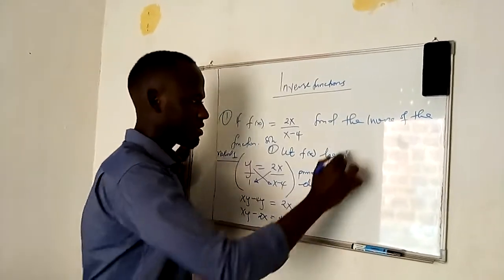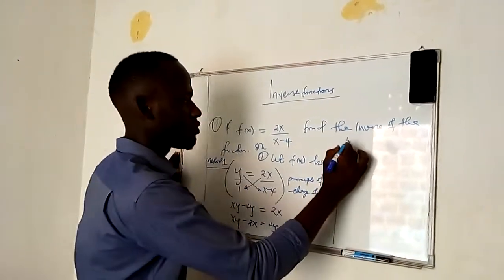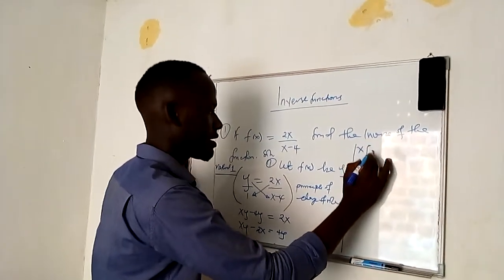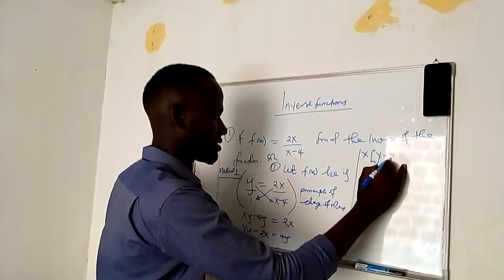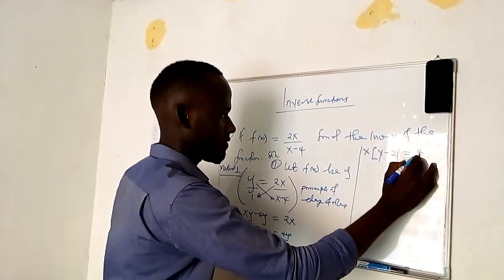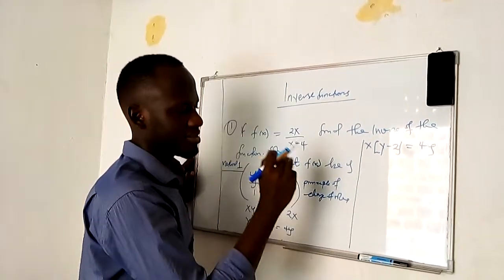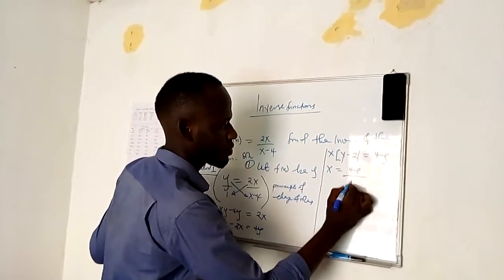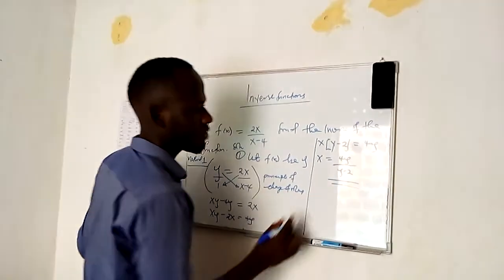Now let us pull out the value of x. When we pull out x, we say x into y minus 2 is equal to 4y. But we want x, so the value of x is equal to 4y over y minus 2. How have I got this?